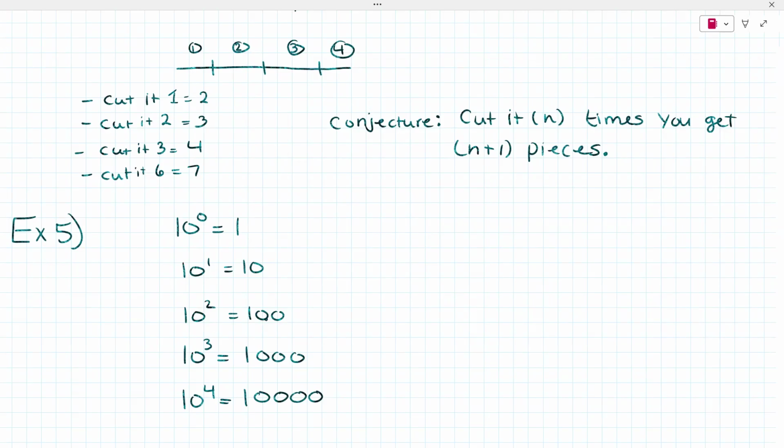This does not have any zeros because your n value is 0. This only has 1 zero because your n value is 1. This has 2 zeros because your n value is 2, etc. So the conjecture is 10 to the n equals n zeros.